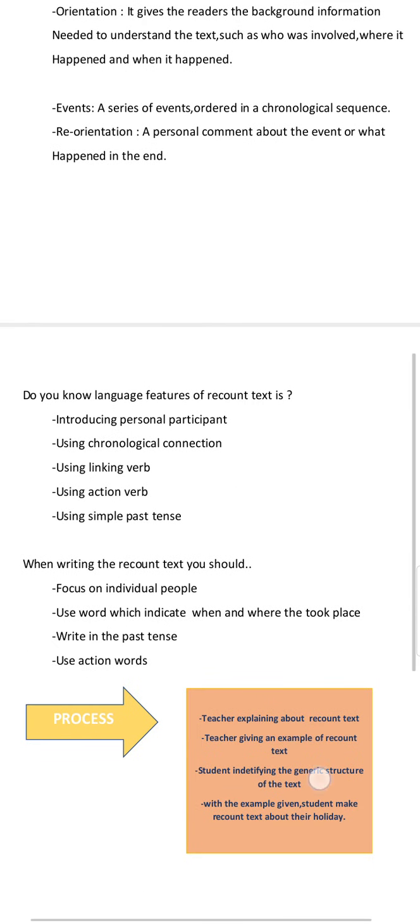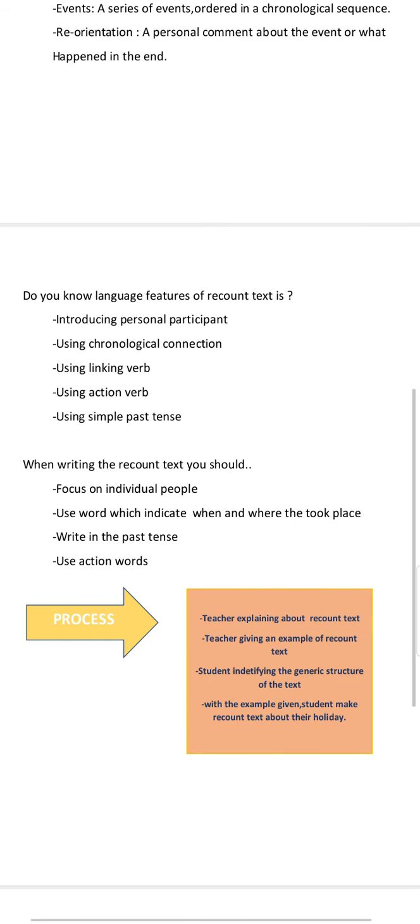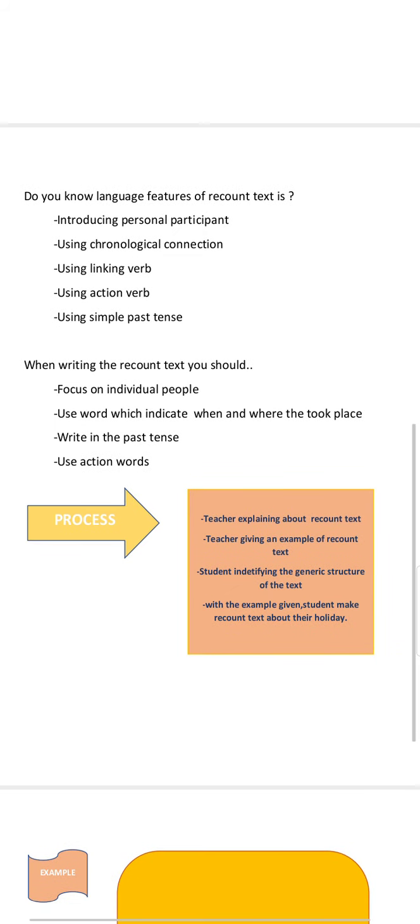Alright, next. Do you know the language features of recount text? So, the language features of recount text are introducing personal participants, using chronological connections, using linking verbs, using action verbs, and the last, using simple past tense.